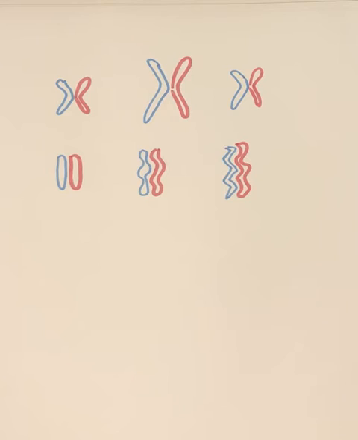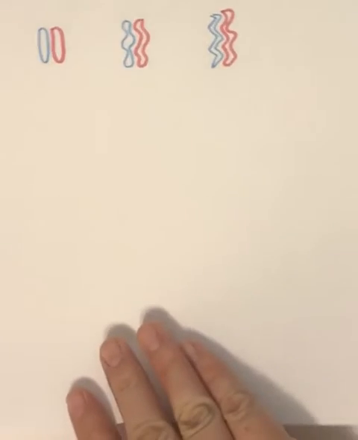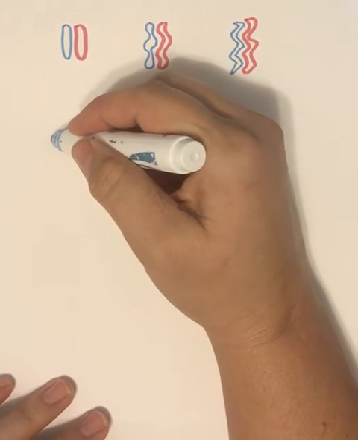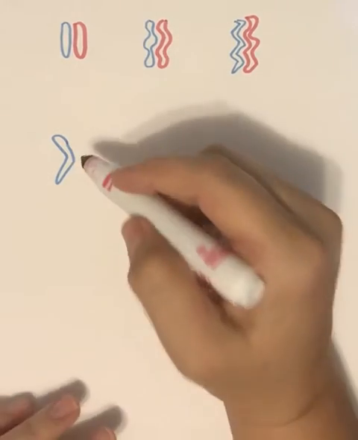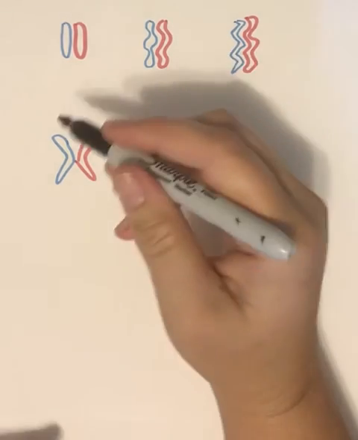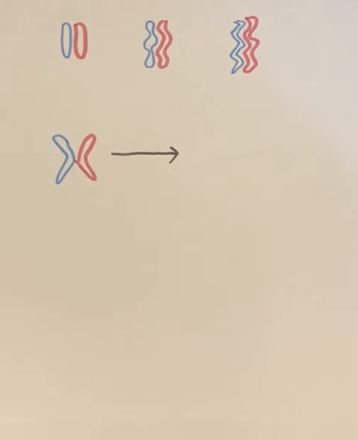Even if you duplicate them as sister chromatids, you're still going to call them homologous chromosomes. During replication, you would have one set from dad and one set from mom, and they'll still duplicate into sister chromatids. So homologous chromosomes will duplicate, and they will make two forms of sister chromatids.